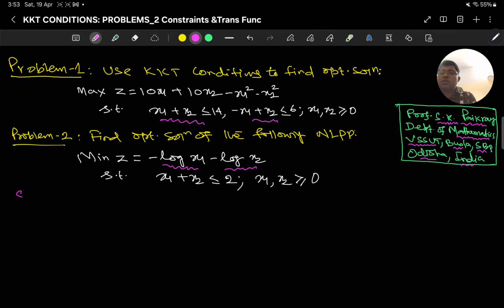Coming to the solution of problem 1. We consider the Lagrangian function.